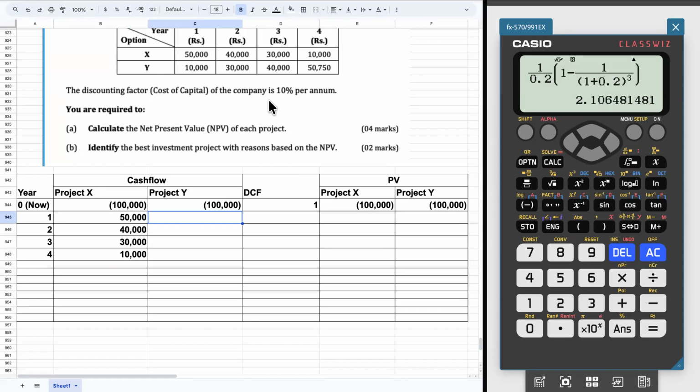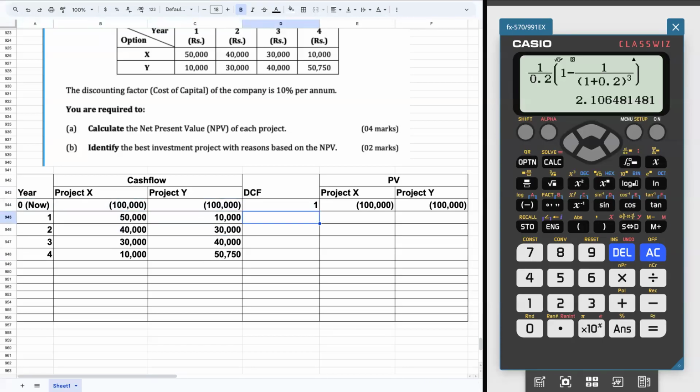They didn't tell you about any scrap value. So these are the cash flows. Cash inflows are positive. The cash outflow at the initial investment is always in brackets.